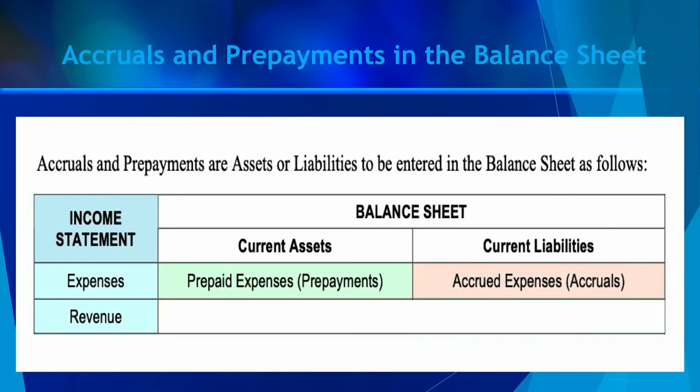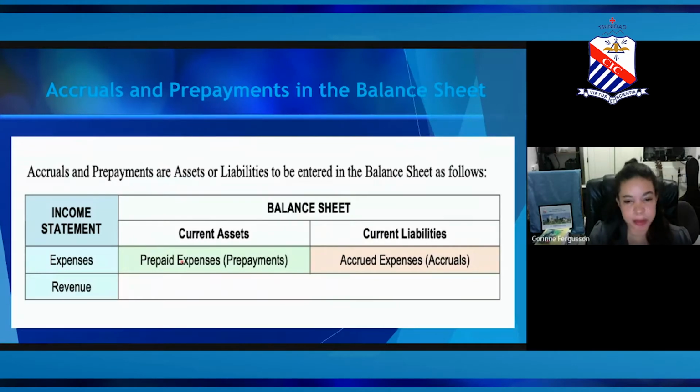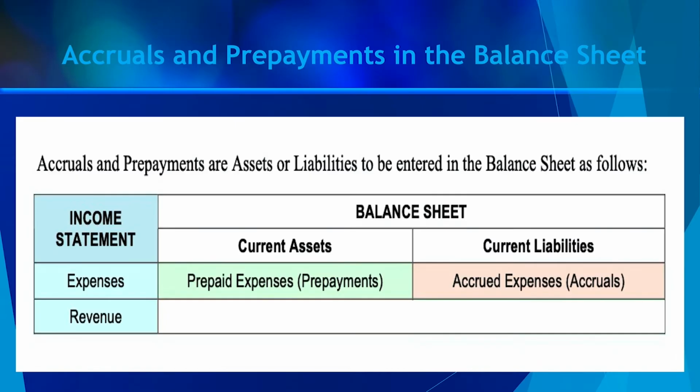When you go now to the current liabilities, a prepaid expense can't be both a current asset and a current liability. So if you're looking at just expenses, if the prepaid expense is a current asset, then obviously the accrued expense will be the other one, which is a current liability.